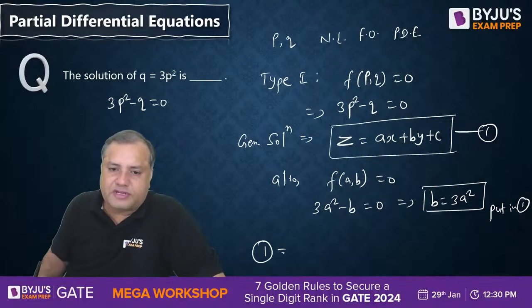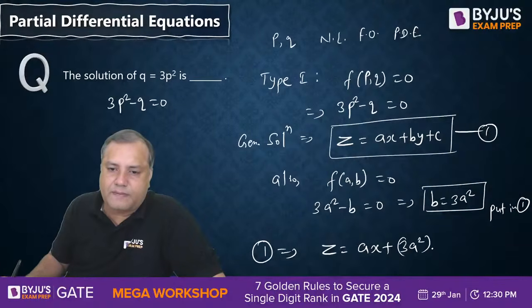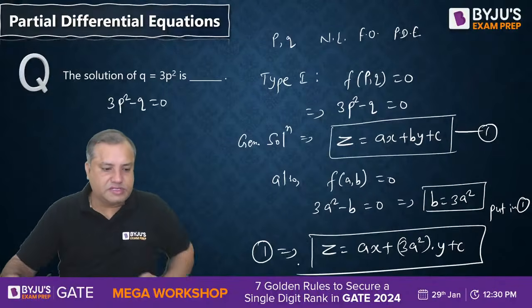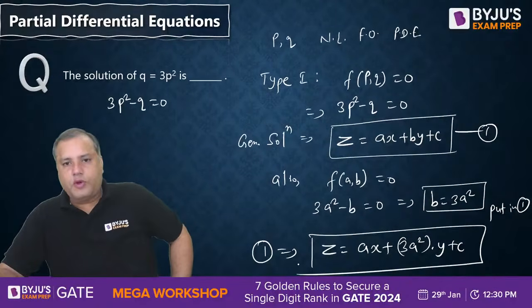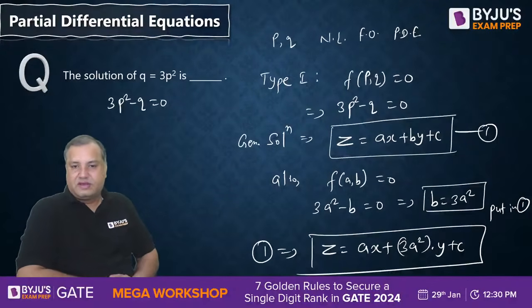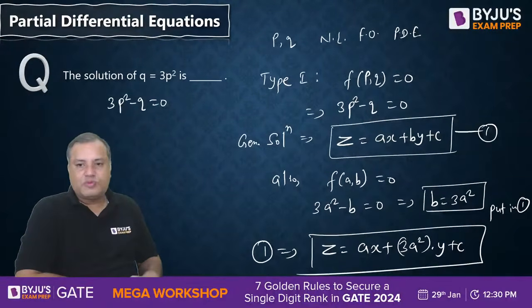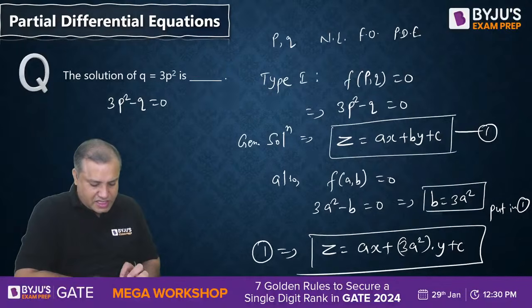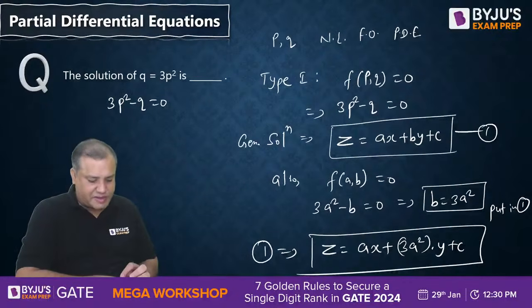So finally equation 1 is giving you z equal to ax plus 3a square y plus c. So this is the required solution. I hope you understood. Students, direct 1 mark, 2 mark questions can be asked on this variety. As per past experience, I am saying this.